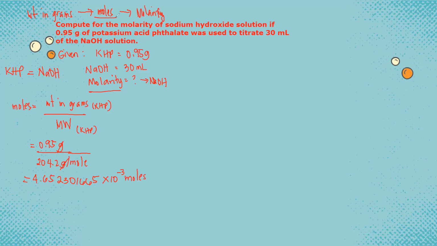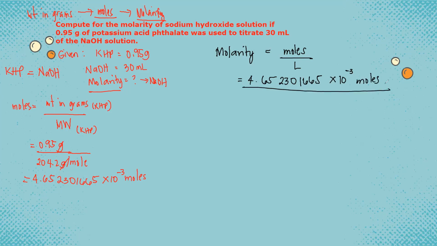Now what's next? After computing for the moles, then we can proceed with the computation of the molarity. So molarity now will always be moles divided by liter of solution. So the computed moles is 4.65230.1665 times 10 raised to the power of -3 moles divided by, for the liters of solution, we will just convert.